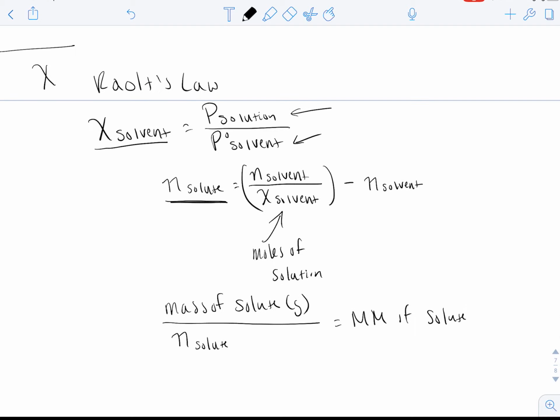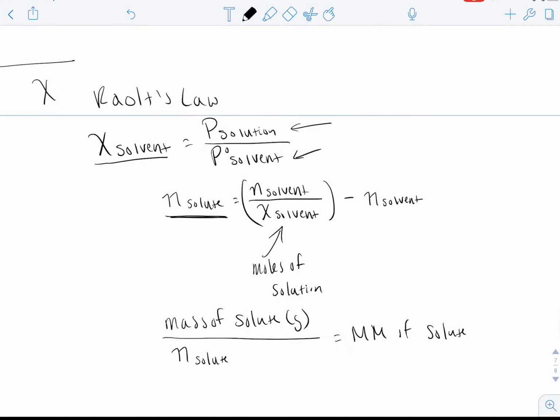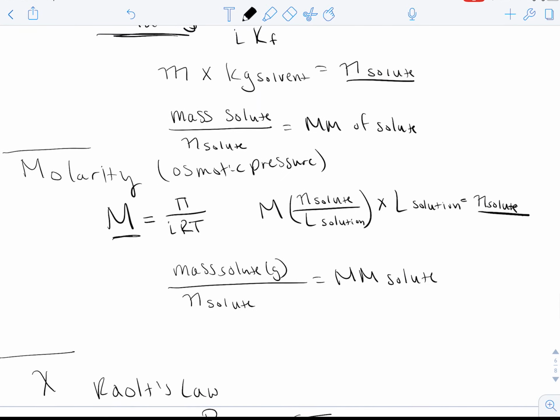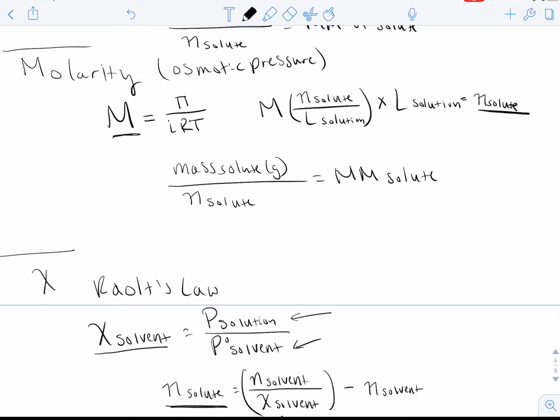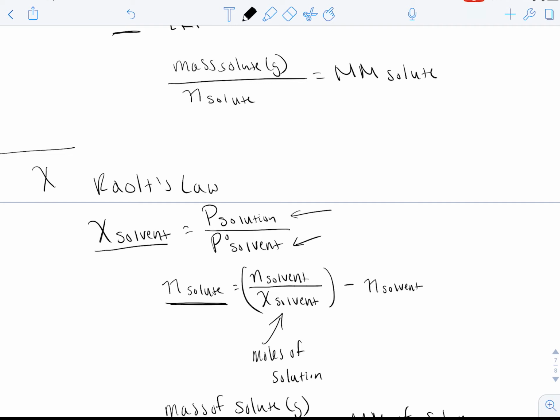This is a little bit different way of approaching it. On the top ones, we are trying to directly solve for our solute. Here we have to go through our solvent first, because our mole fraction of our solvent can be determined using our vapor pressure of our solvent.